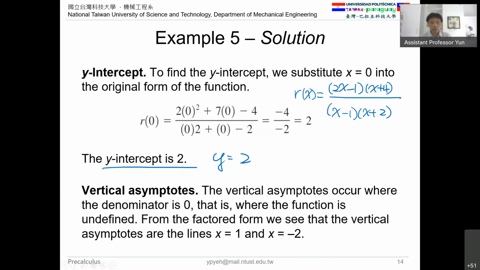Okay, so that's the function. And we find the x-intercepts, at x equal to 1 divided by 2, and also x equal to -4.